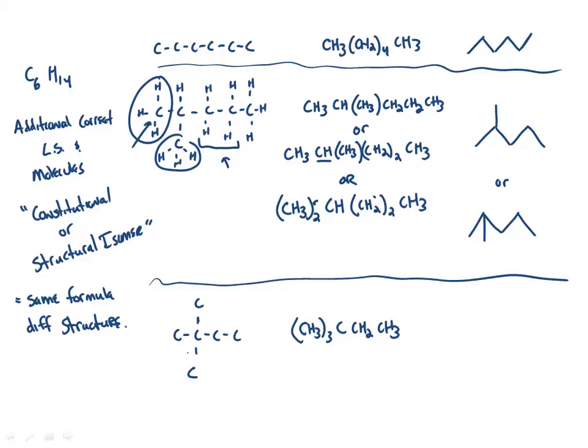So notice that here's my 3 CH3 groups. Here's my lone carbon with no hydrogens on it, a CH2 and a CH3. And then for a line drawing, it's just 4 carbons, and then 1 carbon has 2 additional ones off it.